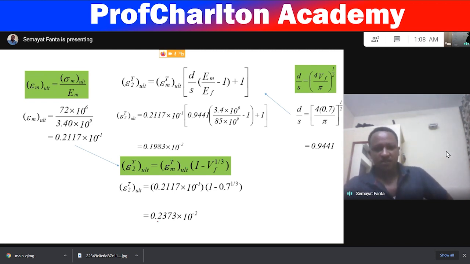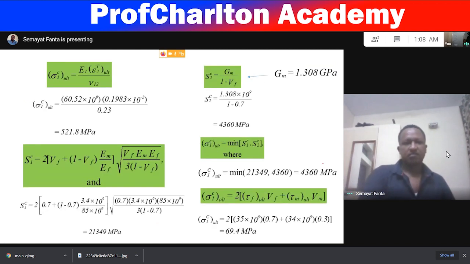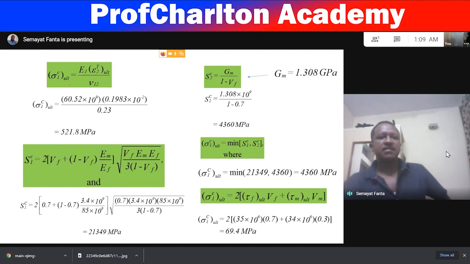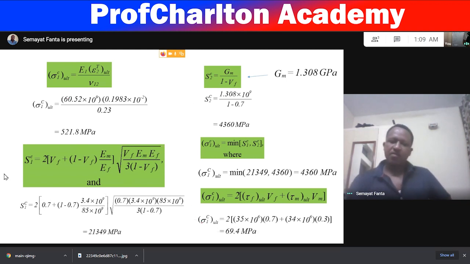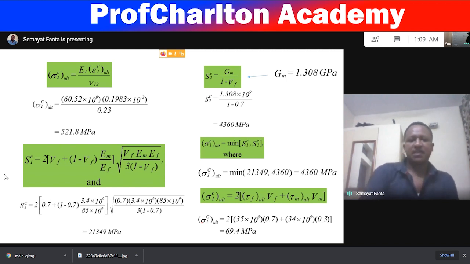We found it from here based on some parameters, and the ultimate strain in the compressive direction, direction one. So all parameters are there, it is a matter of substitution.